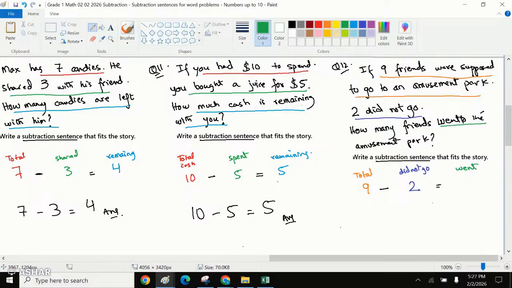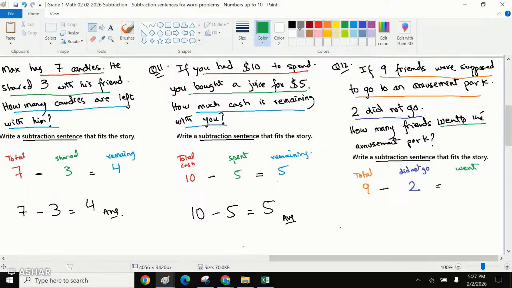If 9 were the total, 2 did not go. How many passes would you need to buy? 9 minus 2 would be... if there were a total of 9 friends, 2 did not go.